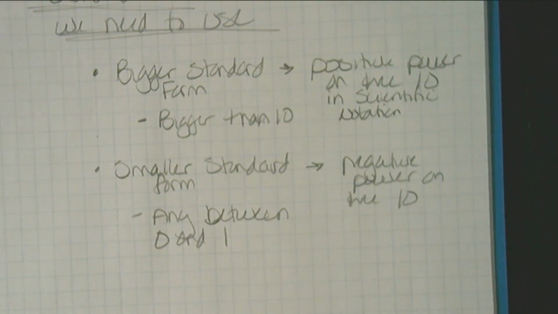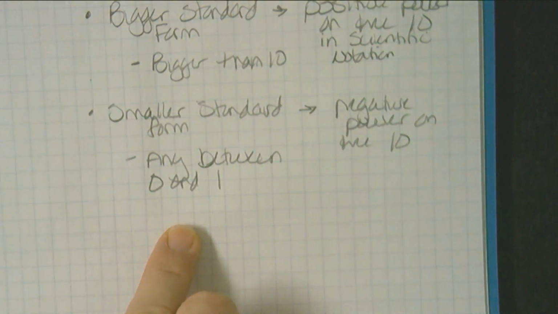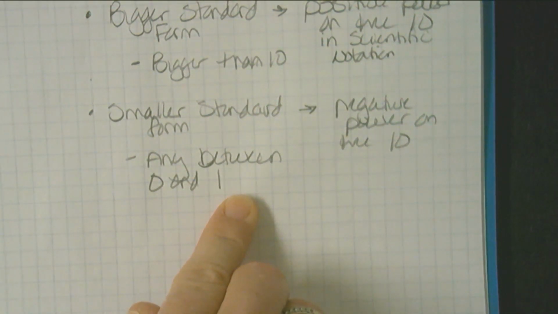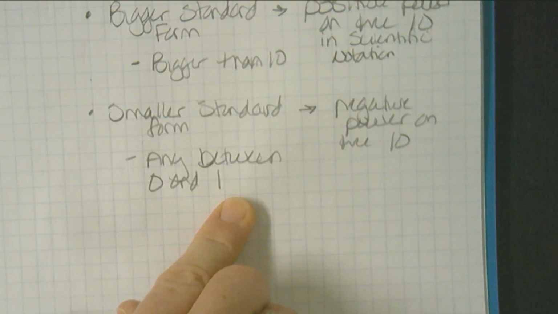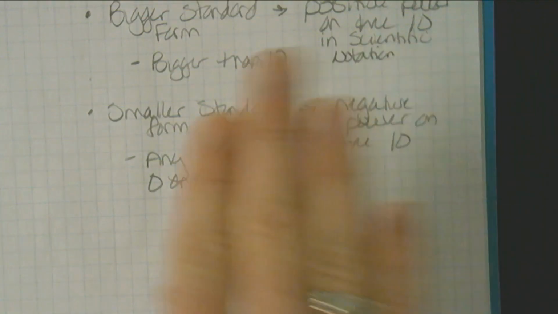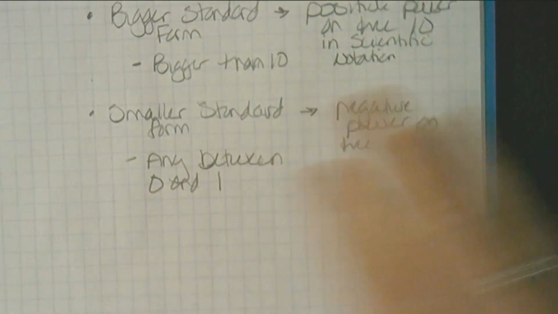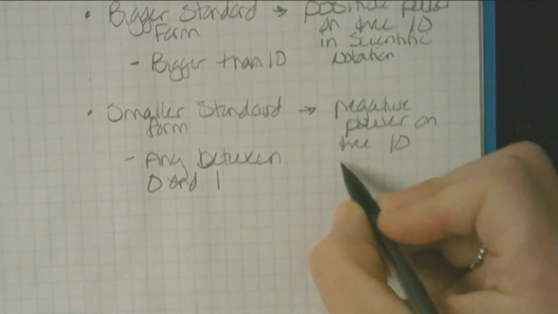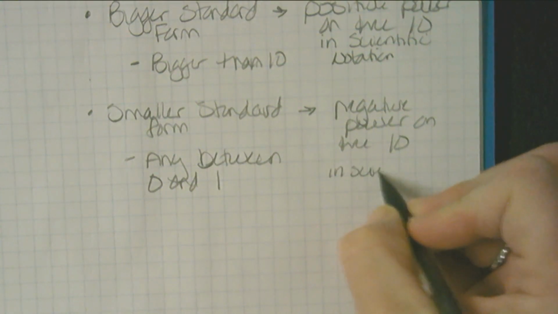Okay. So, smaller standard form, which is the one I just gave you as an example, is any number between 0 and 1. So that's a decimal. It could be 0.5. We could write that in scientific notation. All right? Small number, anything between 0 and 1, our power on the 10 is negative in scientific notation.